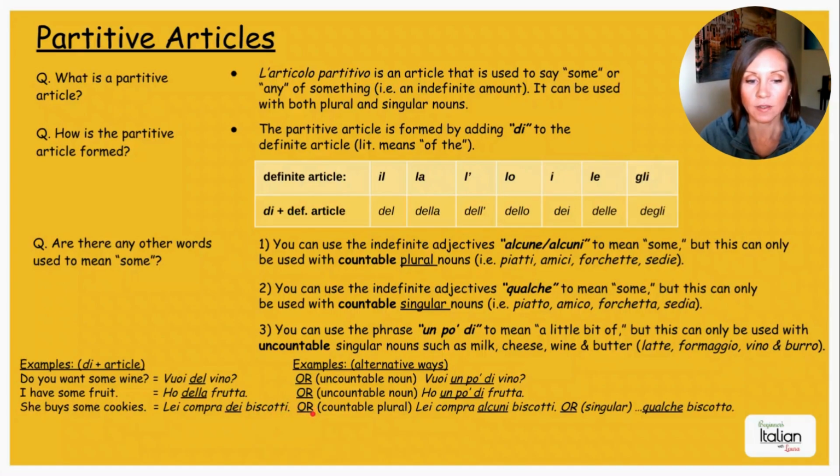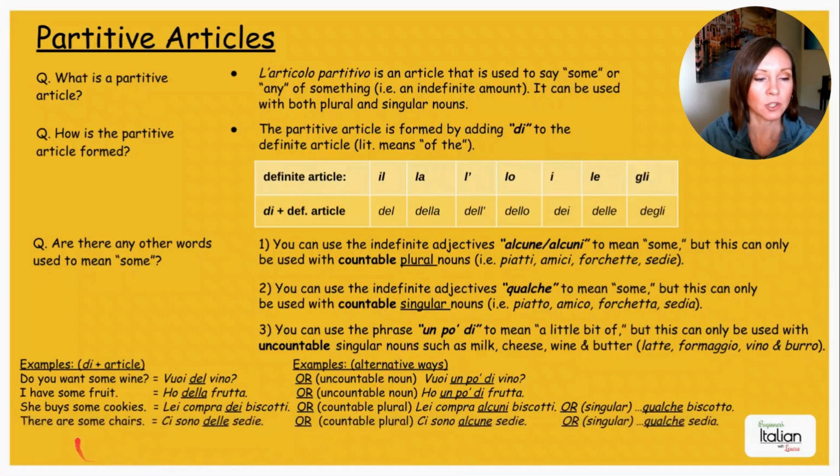So we could say dei, or because it's a countable plural noun, we can say lei compra alcuni biscotti, or we can use it in the singular to mean the exact same thing and say qualche biscotto. It just becomes singular here, but it means the exact same thing. So qualche, some, alcuni, some. The only difference is that in this case, we're using it as a plural noun, and in this case, we're using it as a singular noun.